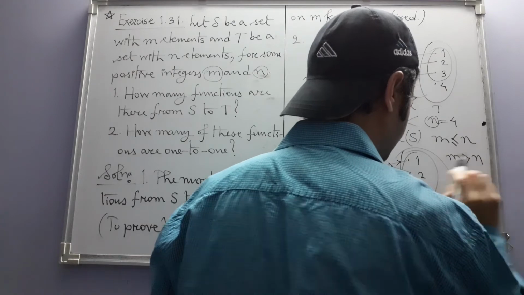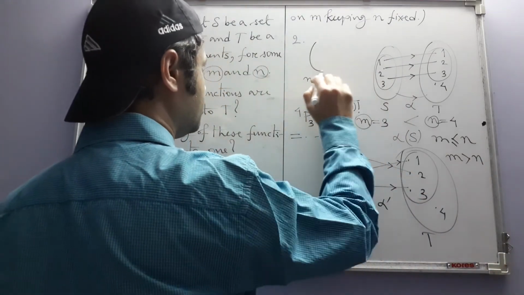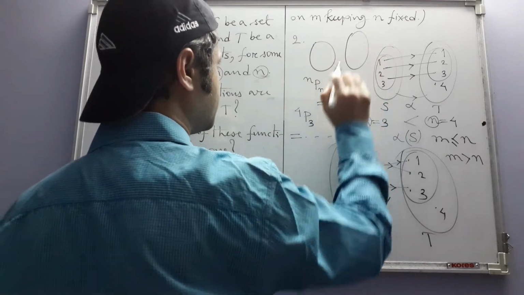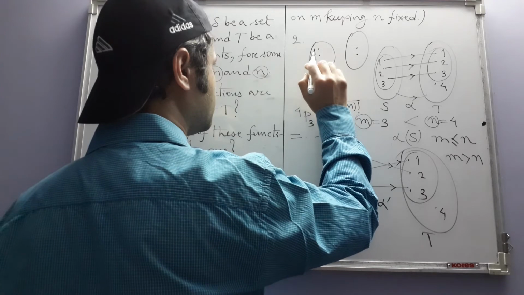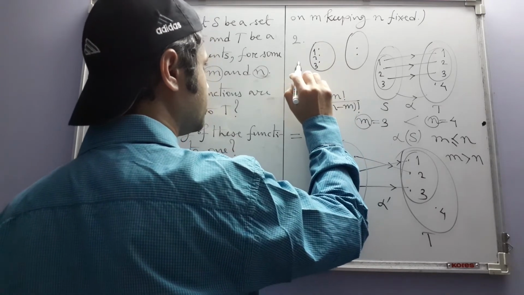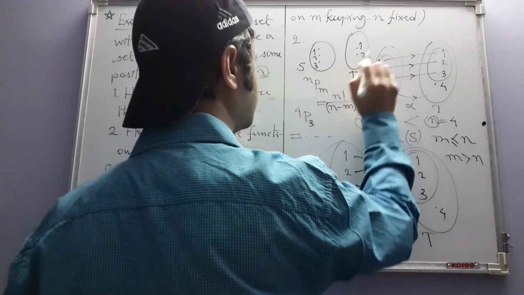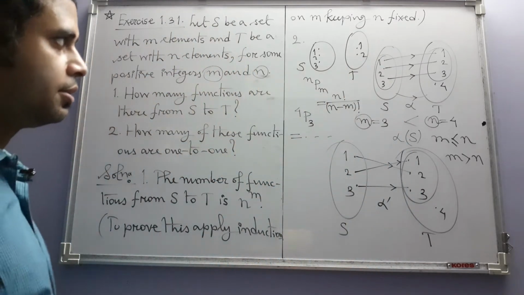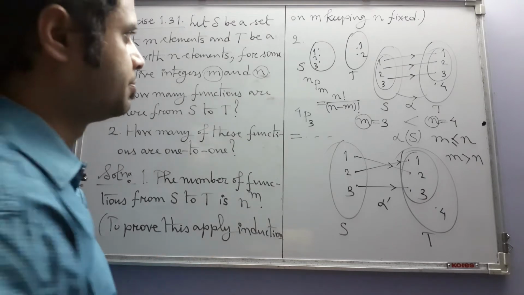However, m can be greater than n also. For example, you may have this situation. Say this is your S and this is your T. Then you cannot define a one-to-one function from S to T. Why?